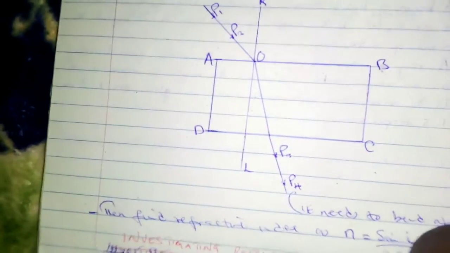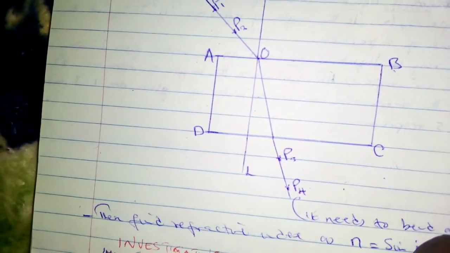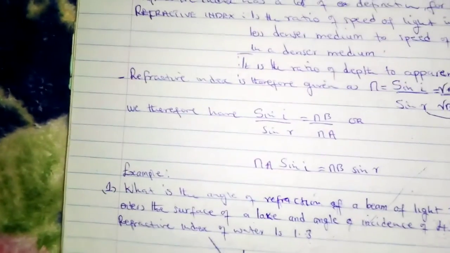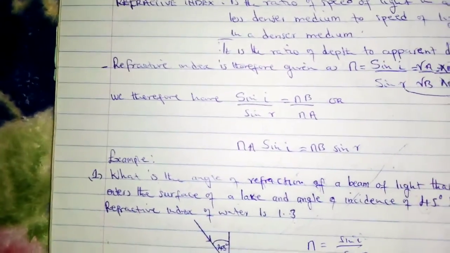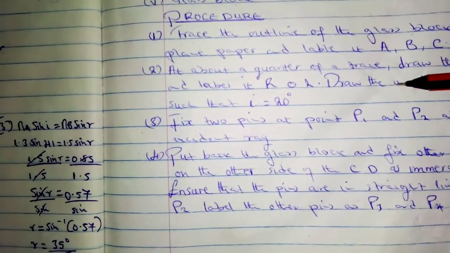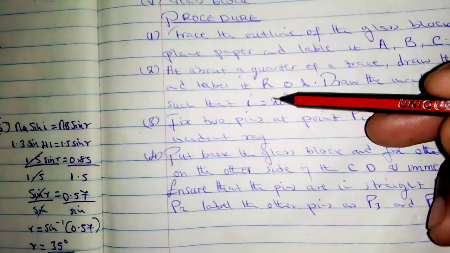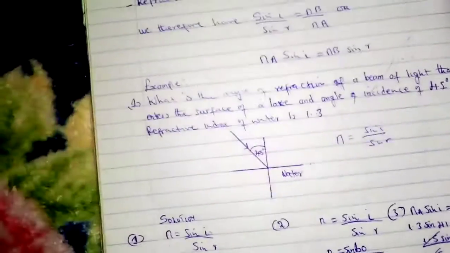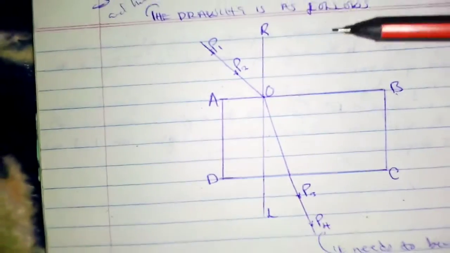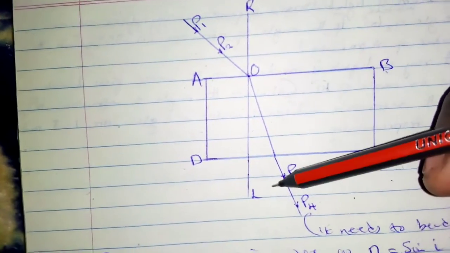Then the second procedure is, after tracing, you have to draw at about a quarter of a trace the normal line, and you can label it R or L. So what they're trying to say is you draw a normal line like this one. That's the second procedure.